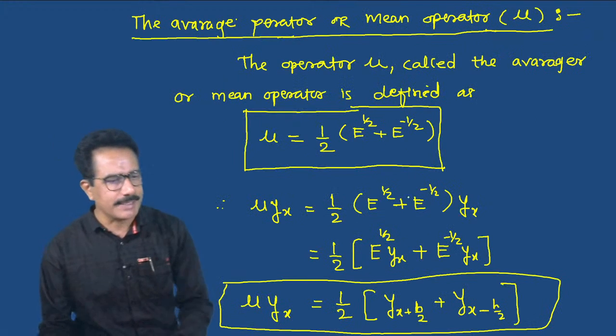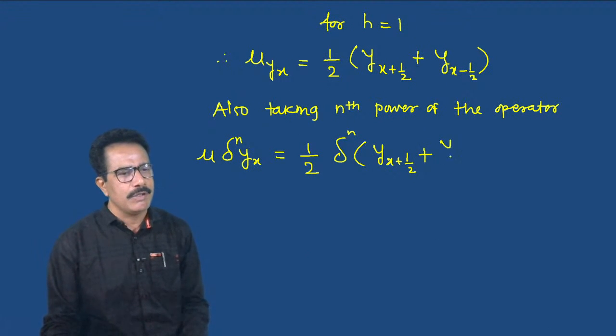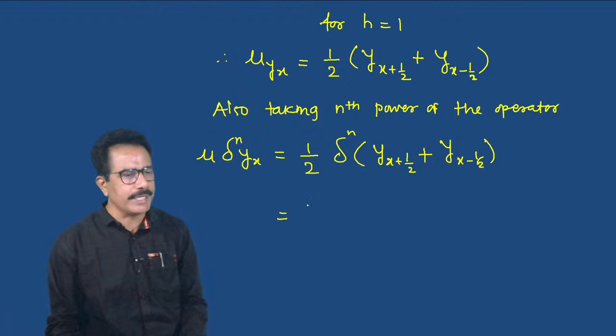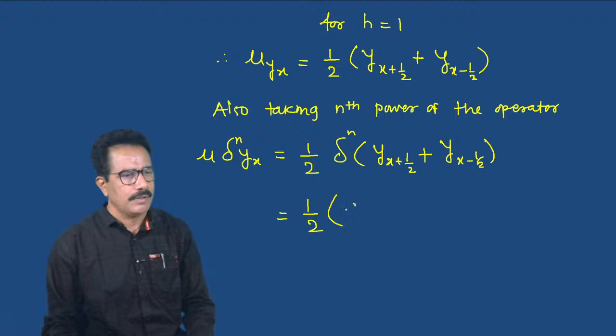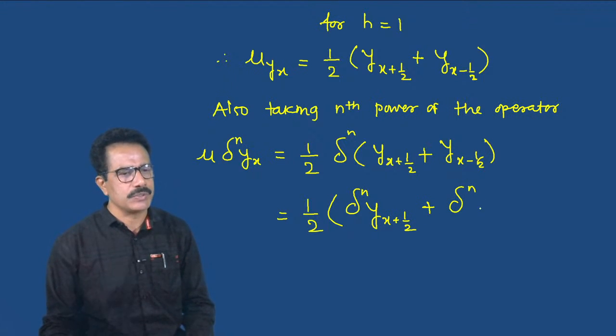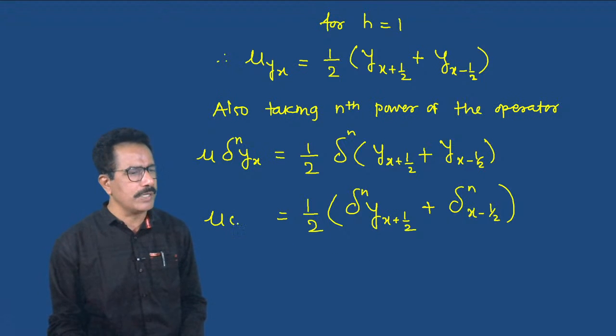Very good, we have to take the plus sign. By mistake we had taken minus. Plus y of x minus 1 by 2. Now if we operate this, then we get 1 by 2 delta raised to n y suffix x plus 1 by 2 plus delta raised to n y of x minus 1 by 2. Okay, in this way we can write mu delta raised to n yx.